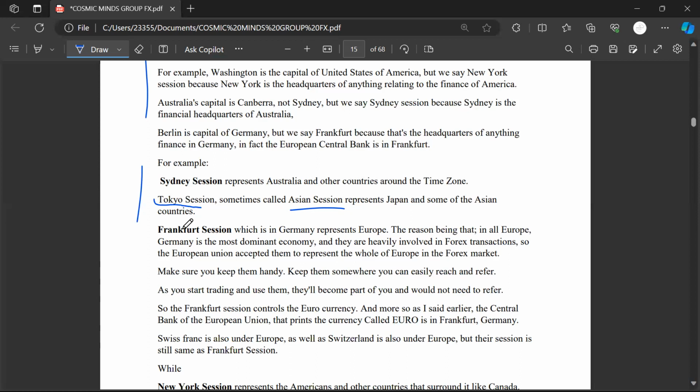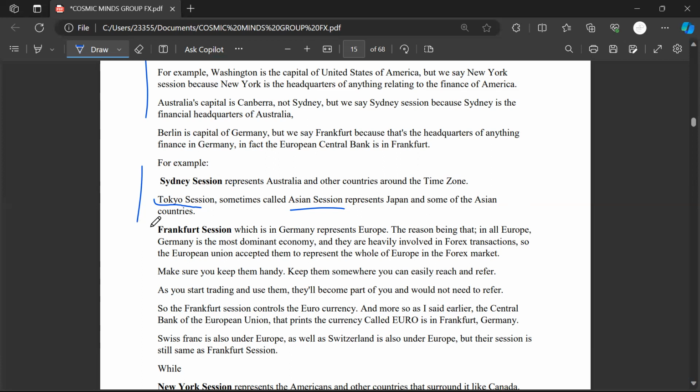So you usually look at the Eurozone. The Eurozone is not only one country but a number of countries, consisting of the European countries. Now, the Frankfurt session, which is in Germany, represents Europe. The reason being that in all of Europe, Germany is the most dominant economy.